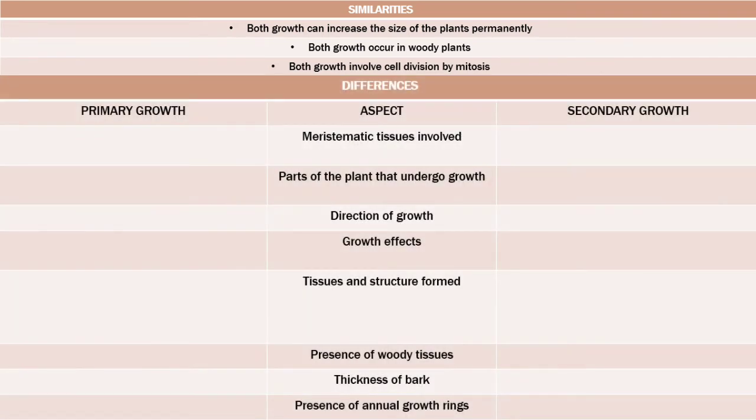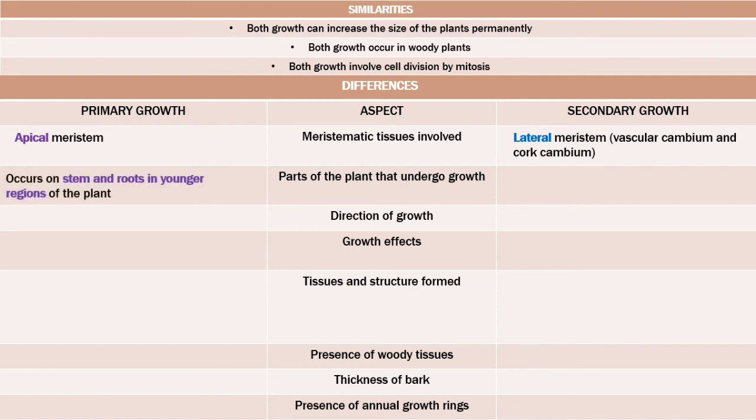Okay, what are the differences between the primary growth and secondary growth? Okay, first, the meristematic tissue involved in primary growth is apical meristem. In secondary growth it is lateral meristem. The parts of the plant that undergo primary growth are the stem and roots in the younger region. But secondary growth occurs when primary growth has ceased, on mature stem and root.